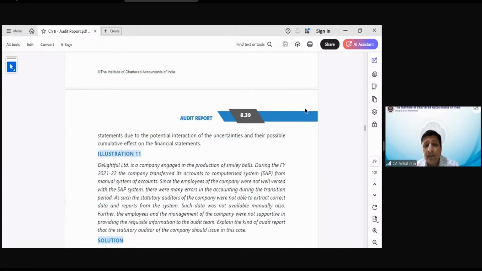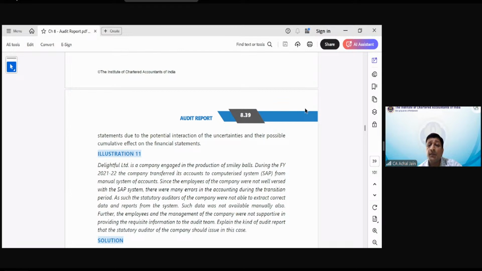Delightful Limited is a company engaged in the production of smiley balls. So during financial year 21-22, the company transferred its accounts to a computerized system from a manual system. So you can say earlier there was a system of doing accounting. Now they have moved to an accounting package, that's SAP.